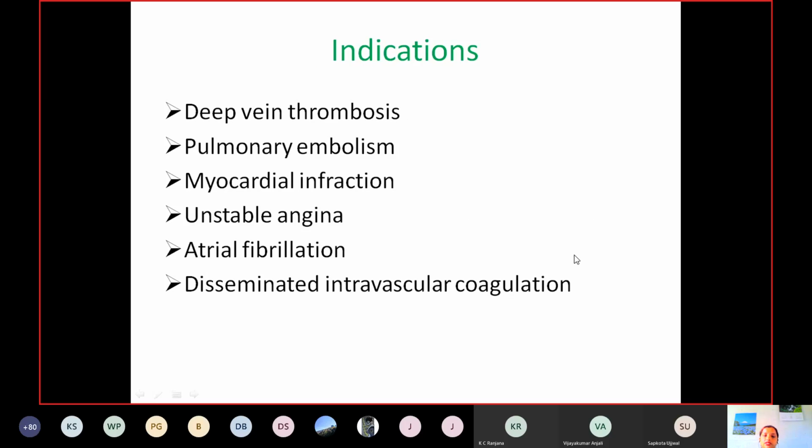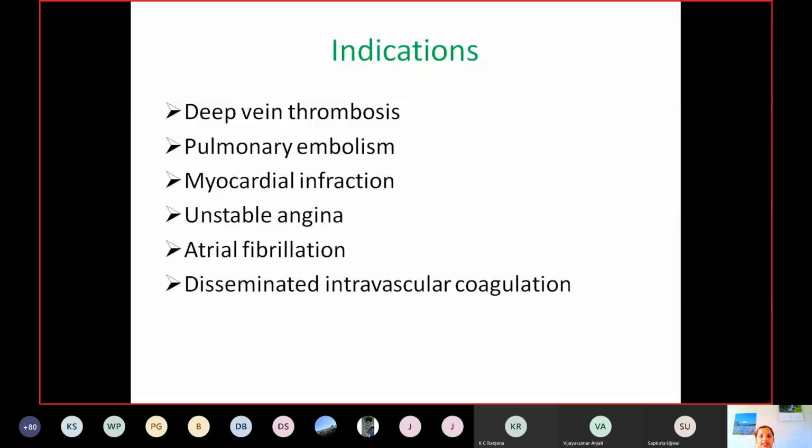The indications are also similar to those of heparin. So it can be used in deep vein thrombosis, pulmonary embolism, myocardial infarction, unstable angina, atrial fibrillation, and disseminated intravascular coagulation or DIC. But this drug is always continued after giving heparin. In the initial phase you have to always give heparin, because warfarin will take some time to show its action.